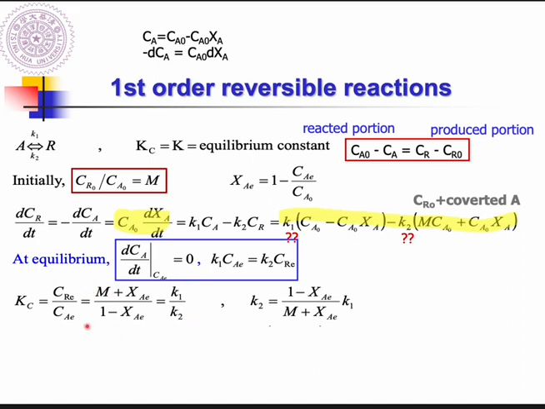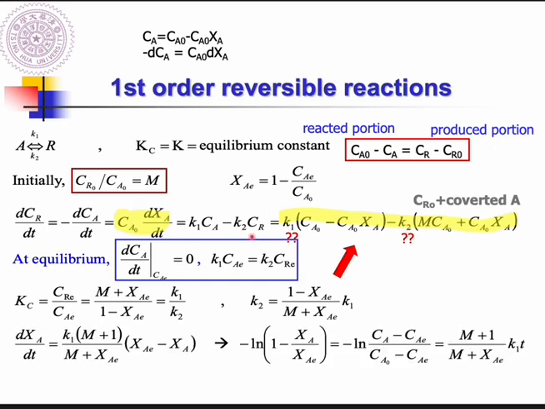Based on this, we know K2 can be expressed in terms of K1, as shown here. We substitute this back for K2 in terms of K1, and rewrite the equation like this. Next we are going to get a solution, right?